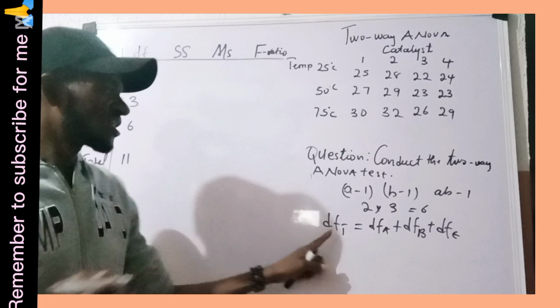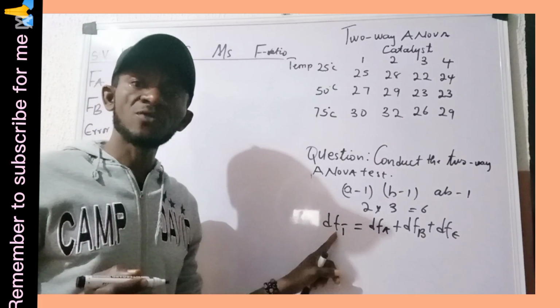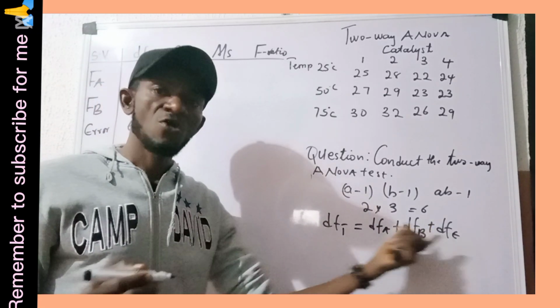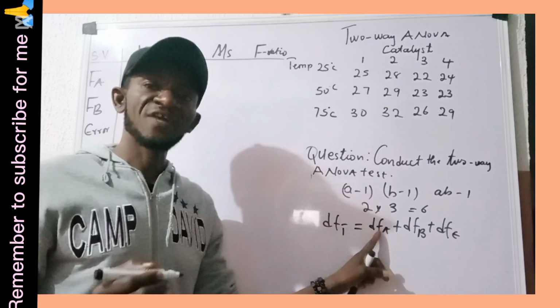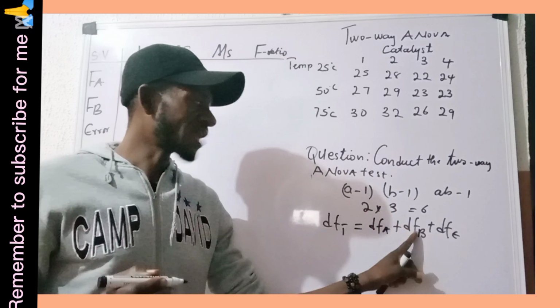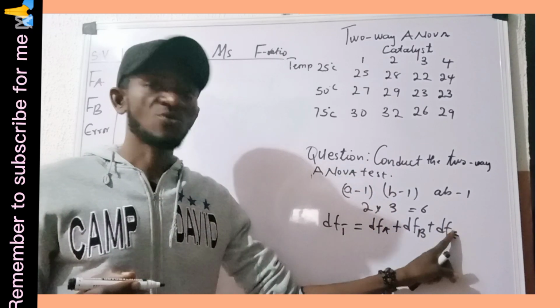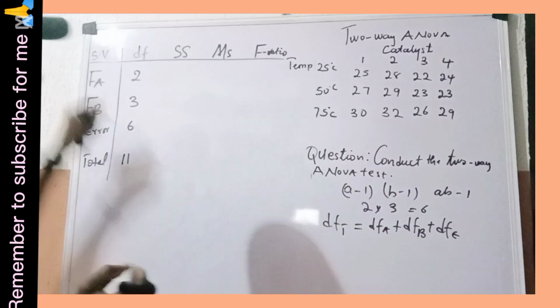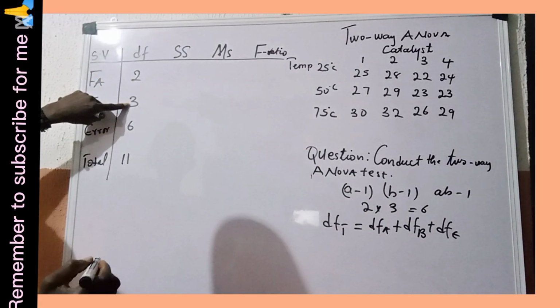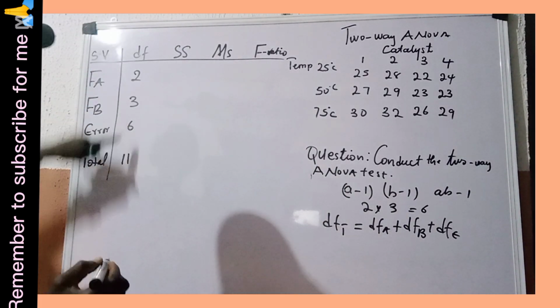That is, degree of freedom for total is the sum of the degrees of freedom of factor A, factor B, and error. If you come here, you see that 2 plus 3 will give you 5, and 5 plus 6 will give you 11.